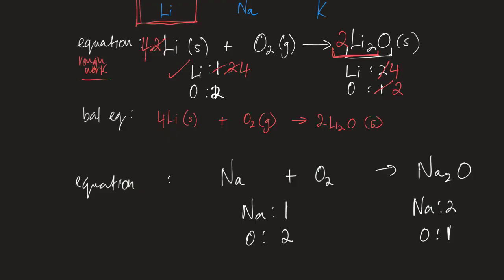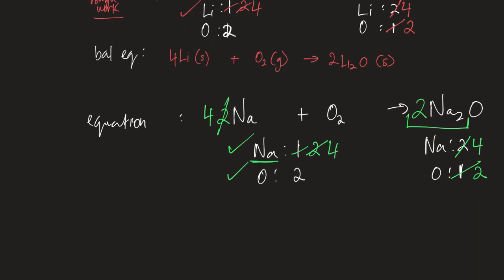So what I'm going to do now is change the sodiums. I'm going to put a 2 there. That's going to become 2. Oxygens are not balancing, so I'm going to put a 2 over here, and my oxygens are going to become 2. Again, I've affected that, so that's now sitting at 4. Now I've got to get this sodium to be 4. So I scratch out that, I put a 4 here, and now I've got 4. So the Na balances, the O balances.